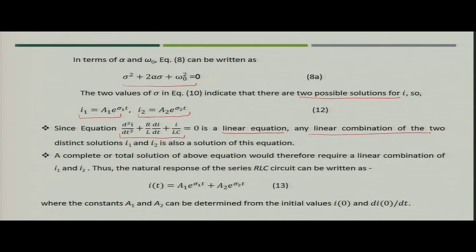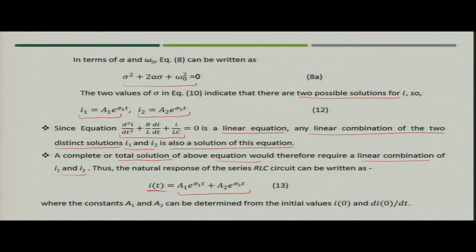So, any linear combination of the two distinct solutions, I1 and I2, is also a solution of this equation. The complete solution of the above equation would therefore require a linear combination of I1 and I2. So, we can write I(t) is nothing but A1 e to the power sigma 1 t plus A2 e to the power sigma 2 t.